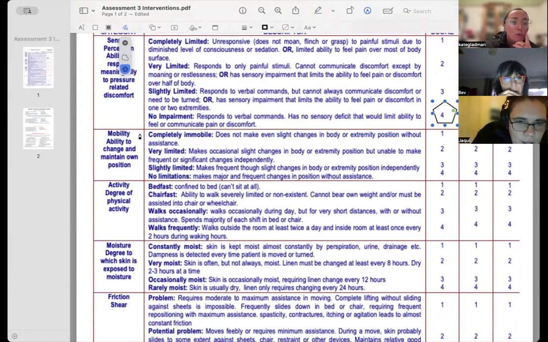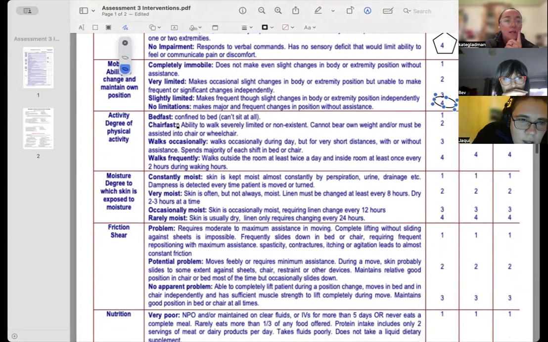And Bev, if you want to do mobility, so ability to change and maintain own position, do you think she would have any limitations? Well, she hasn't broken anything. She's fit. She's a lot younger. I would say no limitations. Yeah, definitely. Jackie, activity, degree of physical activity. So she is running 10 kilometers a week, so she would walk frequently. Running laps around the ward.